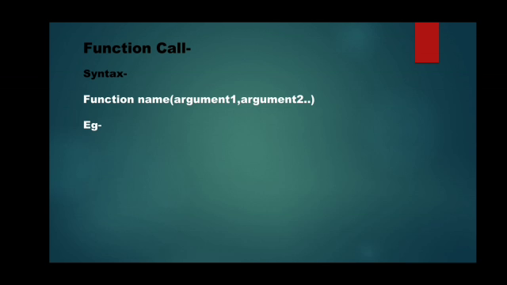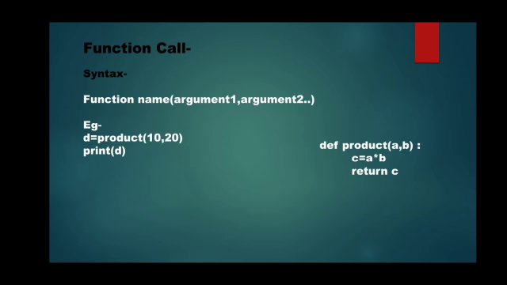Let us understand with the help of an example. If I talk about the function product, it is accepting two parameters. So when I have to call this function, I will write product(10, 20). The value 10 will be provided to the variable A and 20 will be passed on to the variable B. Since there are two parameters in the definition, during calling also we have passed two values.